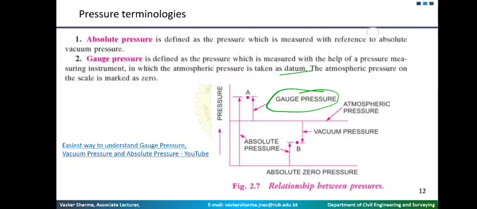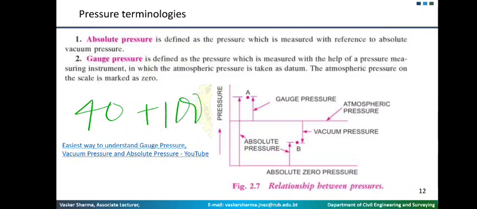But sometimes in calculations we are also asked to find the absolute pressure. Absolute pressure is the gauge pressure, say 40 psi that we put in the tire, plus the atmospheric pressure from the air. That atmospheric pressure is a very standard one. Let's say I do not know the exact value, and it is 100 psi.